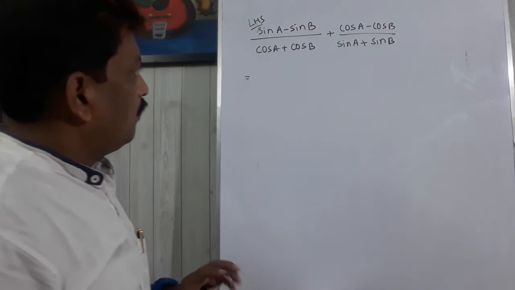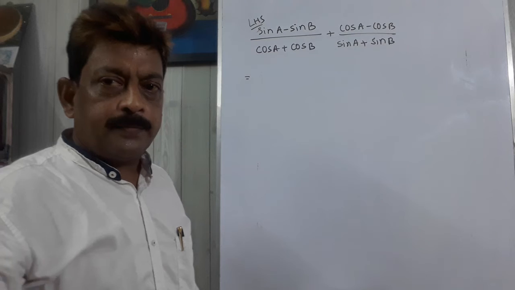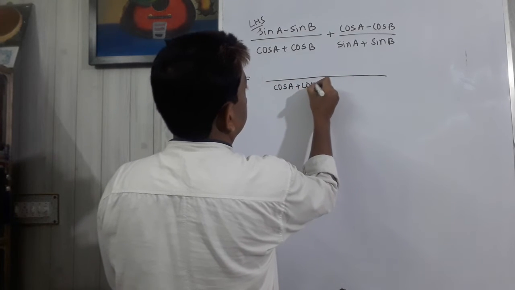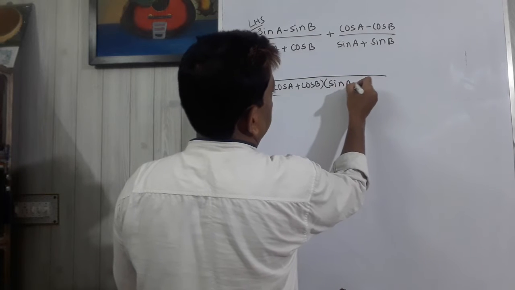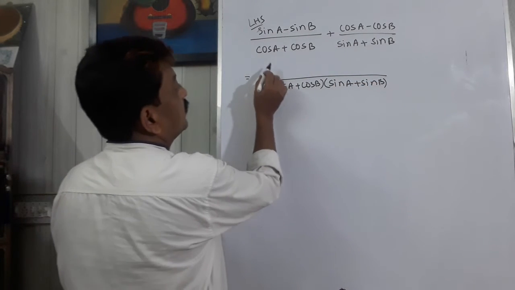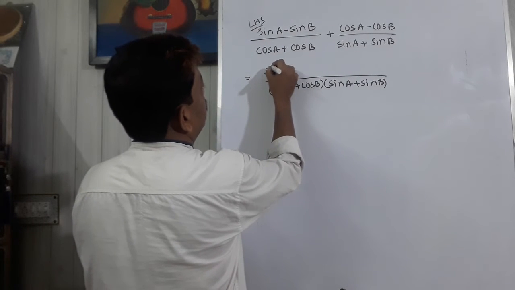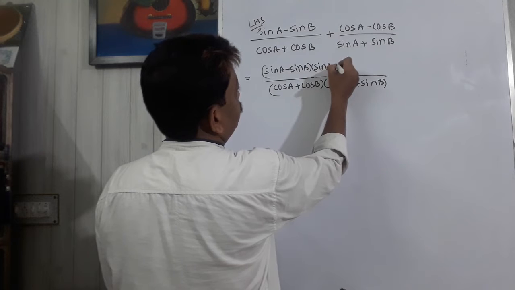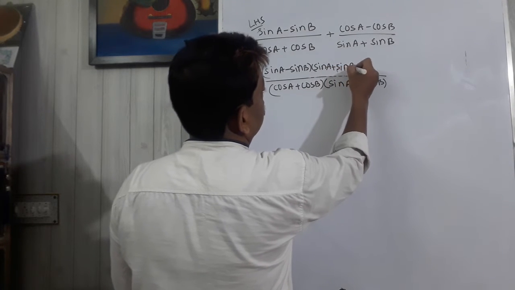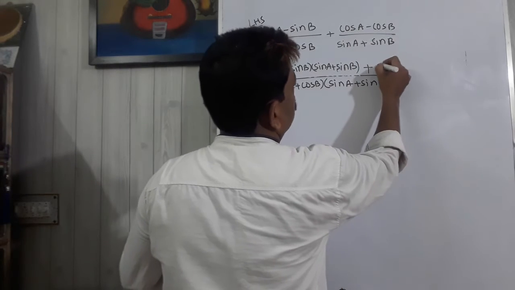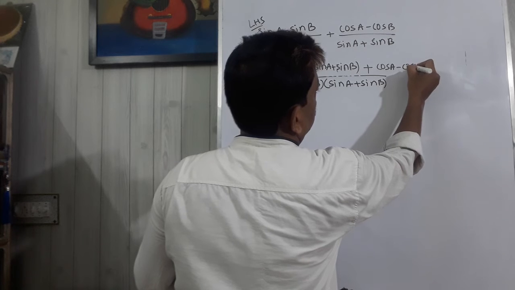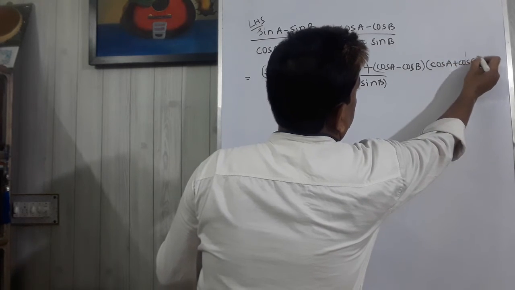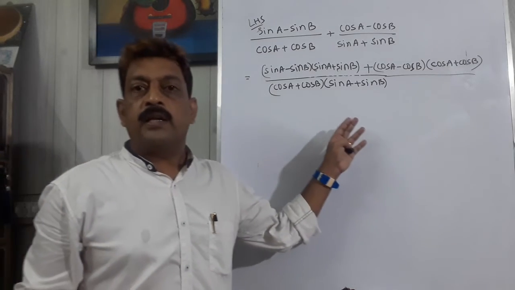Now let me go for the LCM. So the denominator will be cos A plus cos B multiplied with sin A plus sin B, and the numerator will be sin A minus sin B multiplied with sin A plus sin B, plus cos A minus cos B multiplied with cos A plus cos B. This is a simple case of LCM.